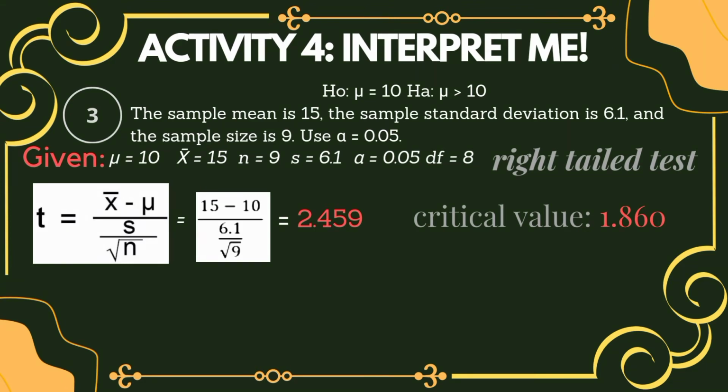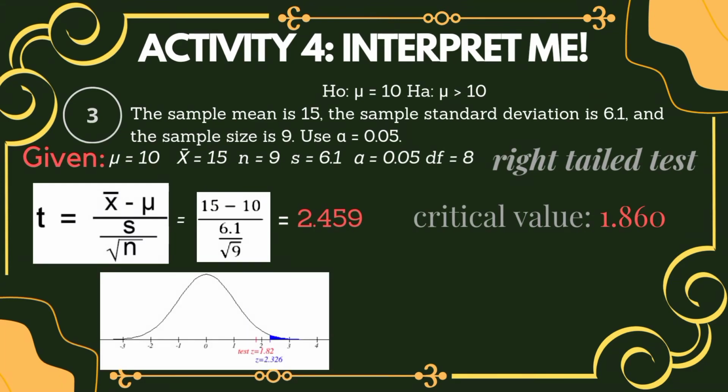1.860. If we are going to construct a graphical representation, as we can see, the rejection part is found at the right part of the graph with a critical value of 1.860. Since the computed value is lying on the right part of the graph, that means it is in the rejection region.